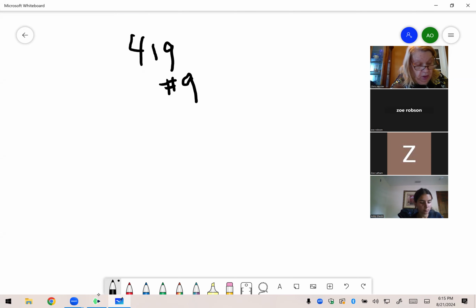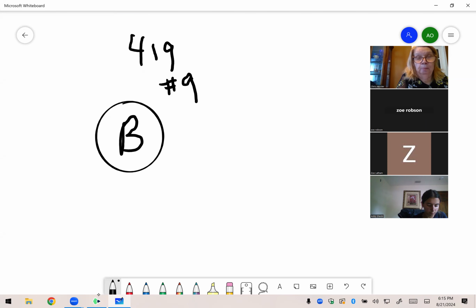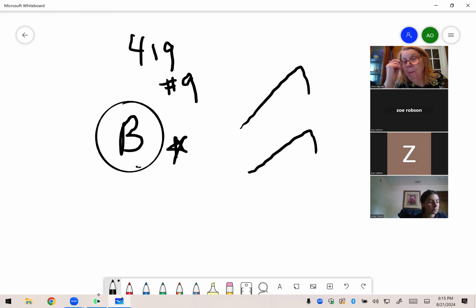Which statement best compares the standard deviation of the number of glue sticks? You can sort of see that even though the numbers are different, the standard deviation is going to be the same because the curve is the same. So Addie, are you okay with B for that one? Zoe Latham? Yeah. Oh, good. And Zoe Robson? Yeah, of course.